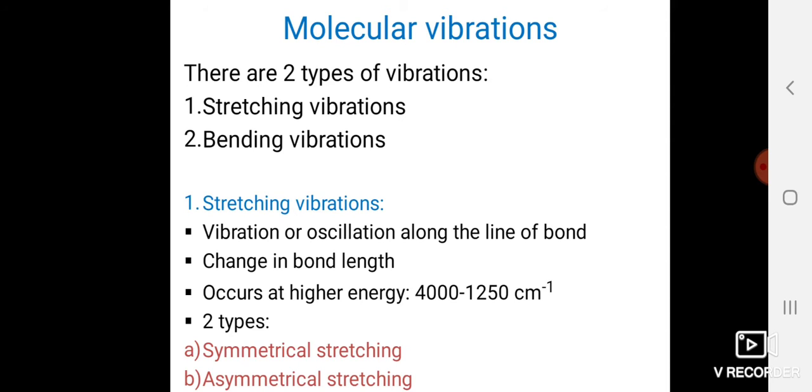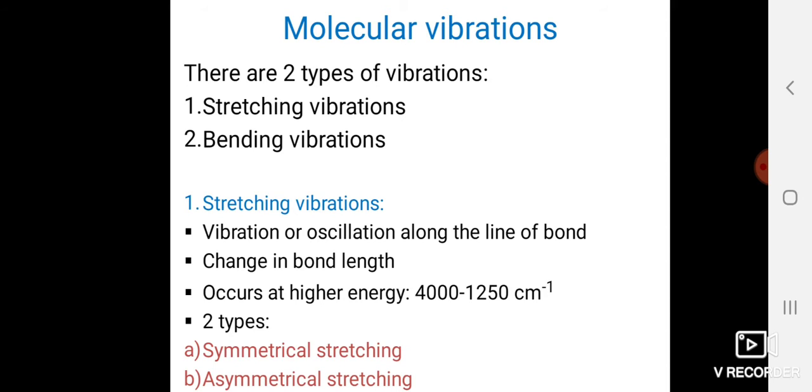So either the bond length is going to be extended, or the bond length is going to be decreased. This extension and decrease of bond length is nothing but the stretching vibration. It occurs at a very high frequency, 4000 to 1250 per centimeter.